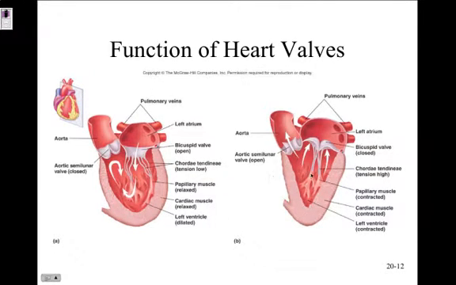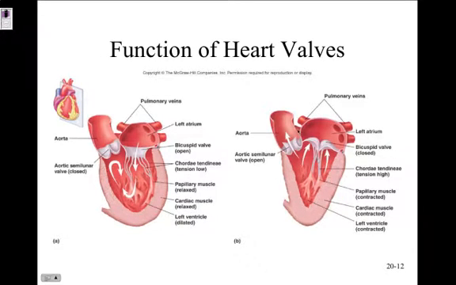Here's the right ventricle. Okay, I see what this picture is: this is when the ventricle is contracting, pushing the blood up.